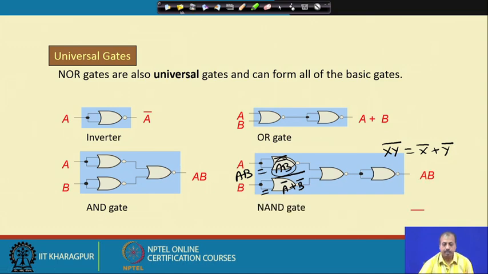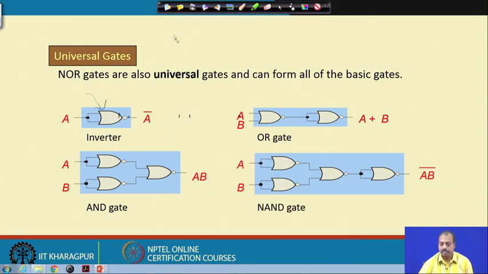If you are trying to get a NAND gate, then it is simple. You get the AND gate up to this much, and after that you put an inverter, another NOR gate as an inverter. So, you get A B bar. This way, the universal NOR gate can realize any other gates, AND, OR, NOT.